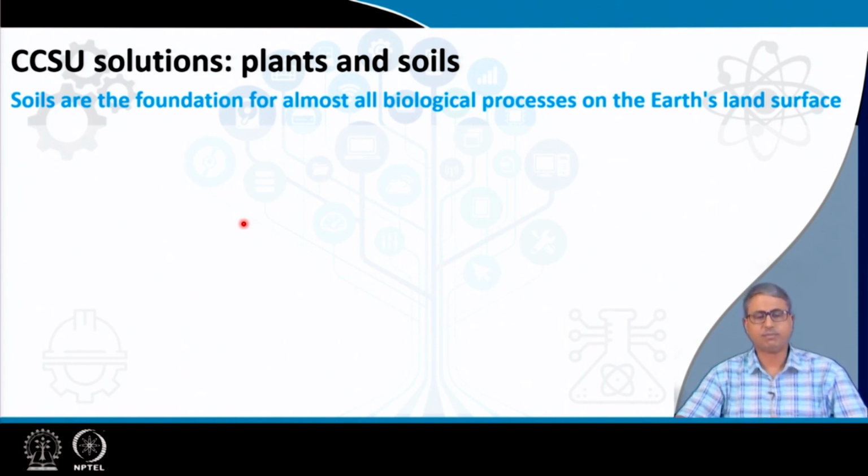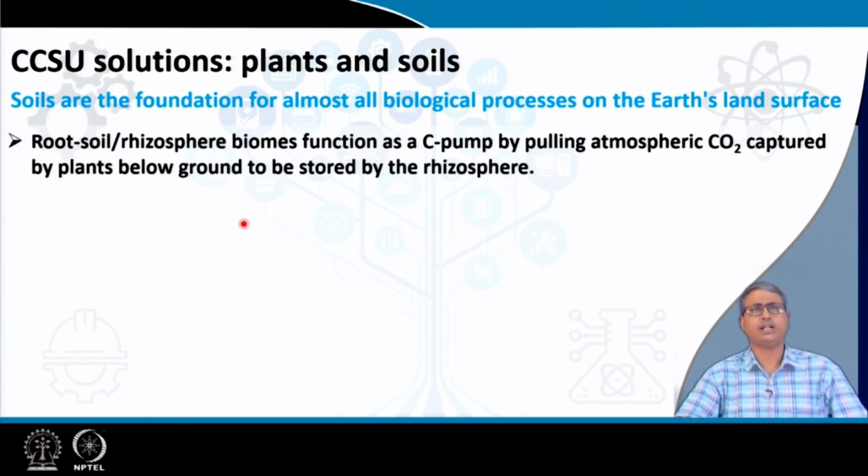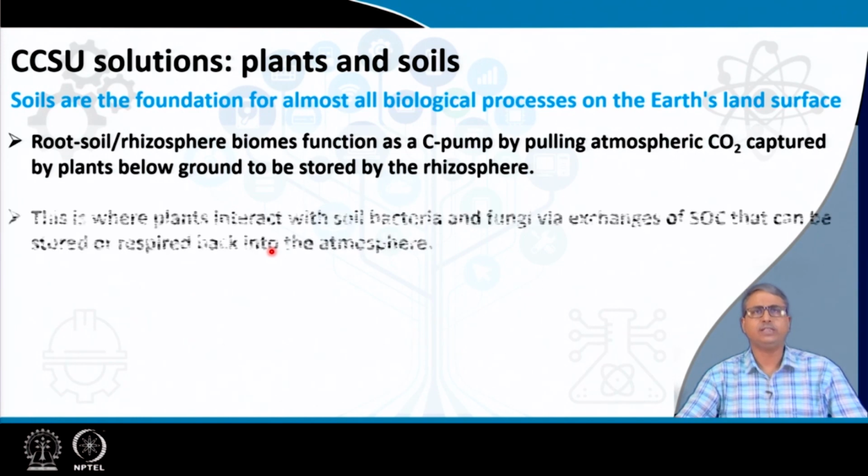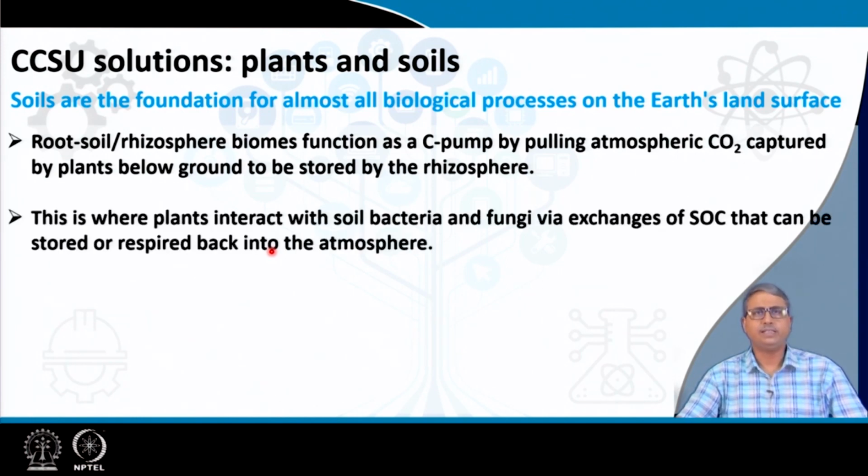Soils are the foundation, as I mentioned, for almost all biological processes on the earth's land surface, and the root soil rhizosphere functions as a kind of carbon pump, pulling the atmospheric carbon dioxide captured by the plants and transferring it below the ground, where it is stored in the rhizospheric region. In this region the plants interact with soil bacteria and fungi via the exchange of SOC, that is, soil organic carbon, that can be stored or respired back into the atmosphere.